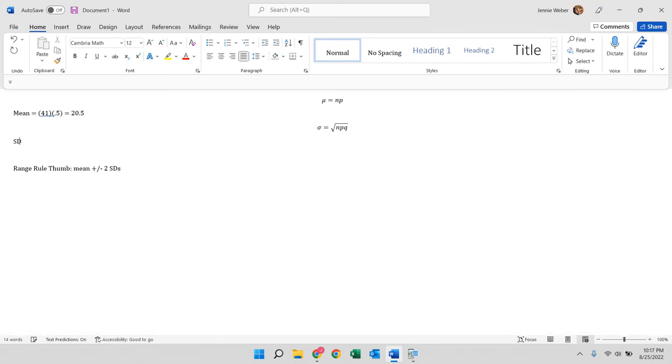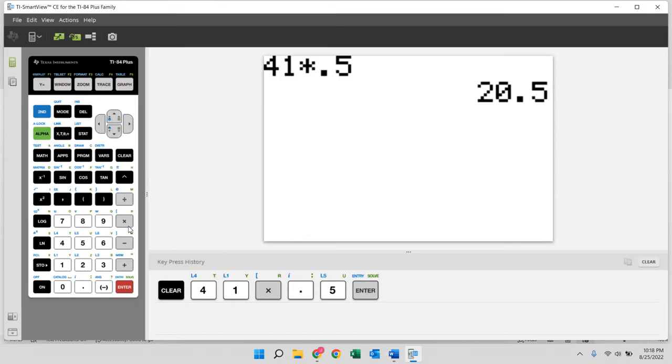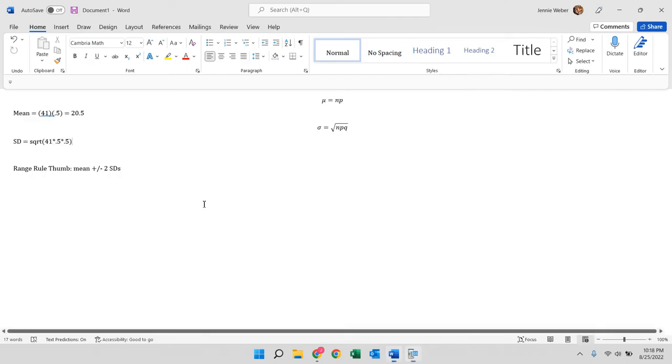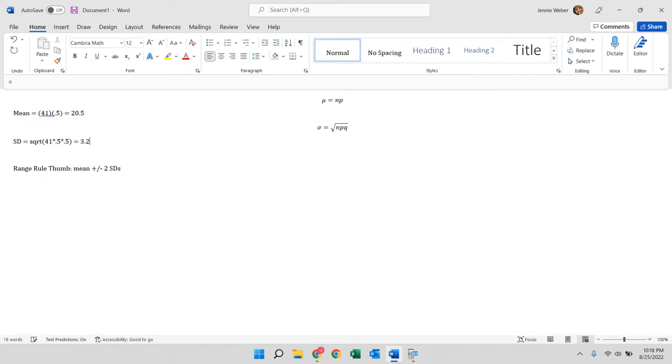And then our standard deviation is going to be the square root of 41 times 0.5, and then 1 minus 0.5, which is 0.5. Okay, so I'm going to come back here. I'm going to times it by another 0.5, and then I'm going to take the square root. And so my standard deviation here is 3.2.